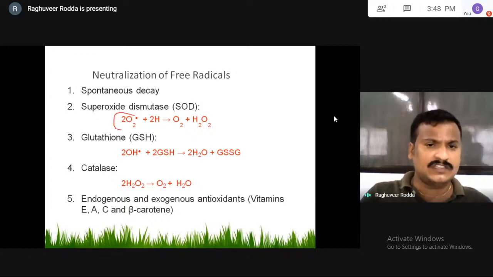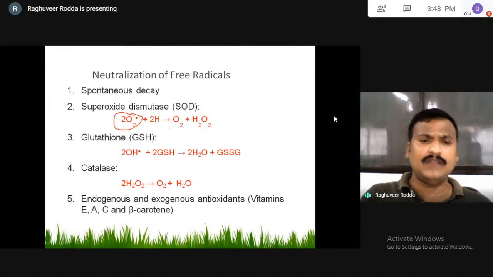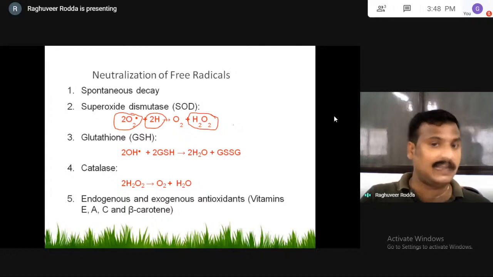Whenever a reactive oxygen species has come, it is immediately reacted with free hydrogen to liberate H2O2, one more reactive species called hydrogen peroxide. But to some extent the reactive nature has reduced because of producing oxygen molecules.